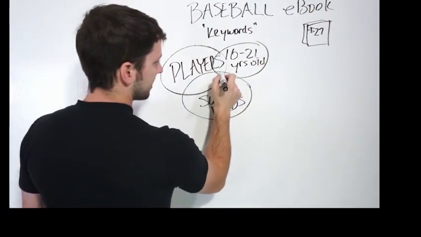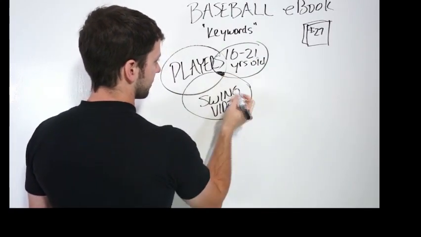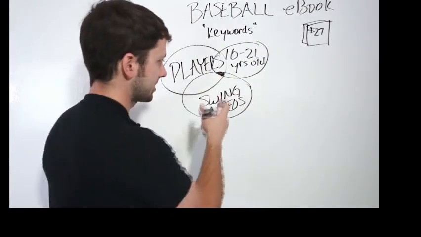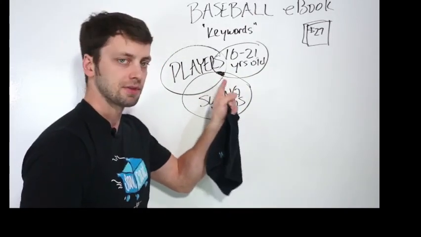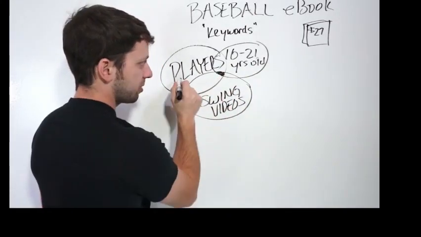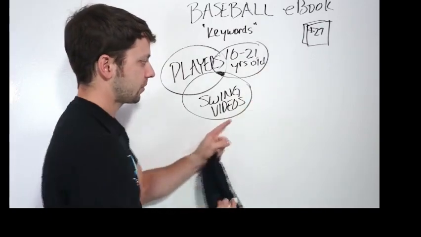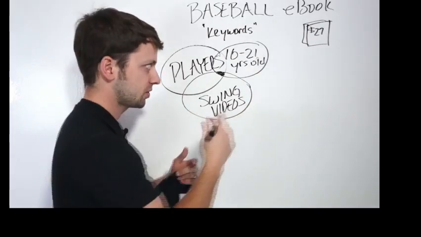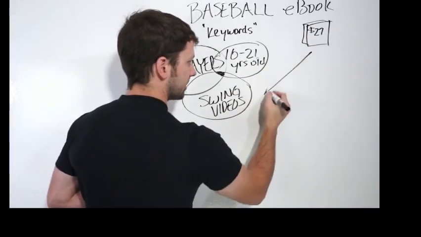And I can now find this little sweet spot right down in here. And hopefully there's some more overlap. Obviously it's going to be a little bit bigger than that. But I can find this sweet spot and say baseball players who are 16 to 21 and want swing videos, which is what my course actually is.